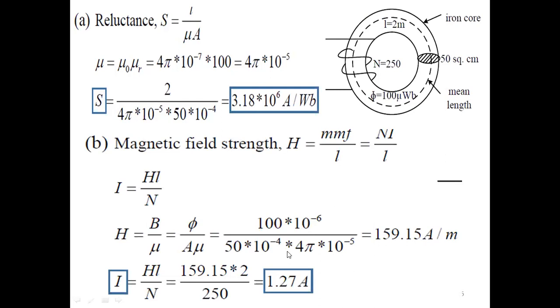Here also they have used your method only. HL equal to MMF. MMF is nothing but NI. So I equal to HL divided by N. He has given H, he has calculated H, then N, and L he has given. The answer is 1.27 ampere.